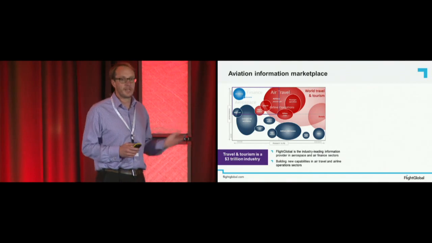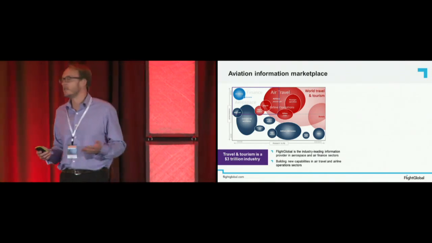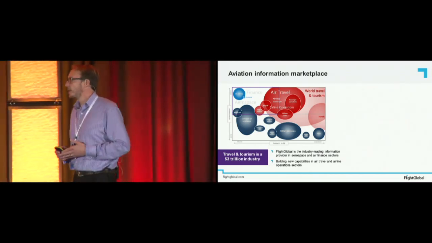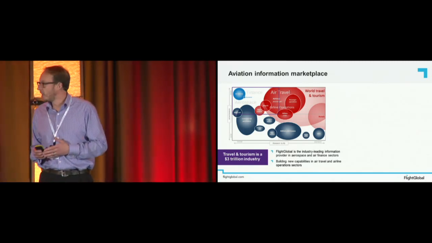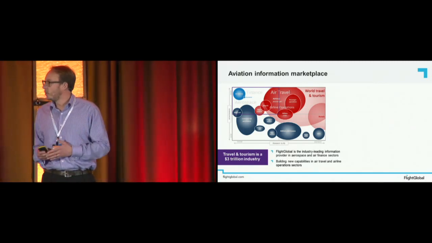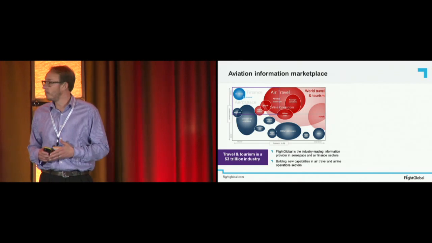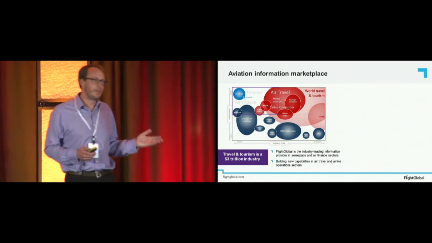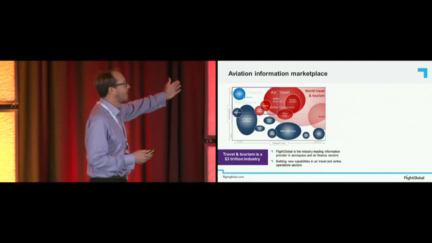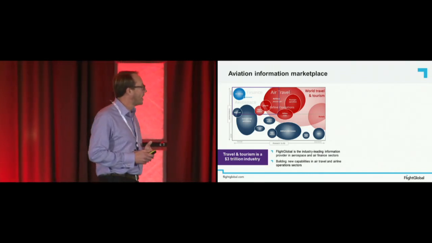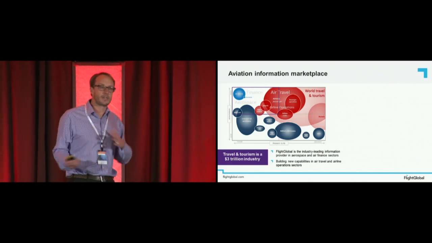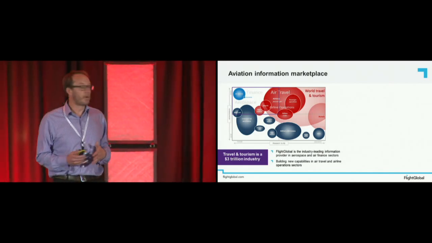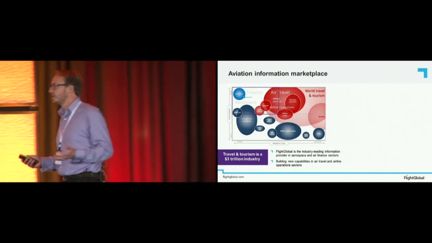The blobs represent the size of opportunity for us in those spaces, and globally we reckon that's about a $3 trillion industry at the moment. Flight Global has traditionally been working on the left-hand side of that picture in aerospace and air finance. That's the buying and selling of aircraft. So we've got really strong market-leading propositions there.